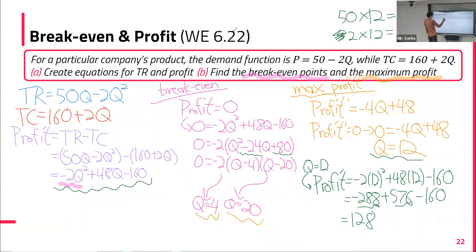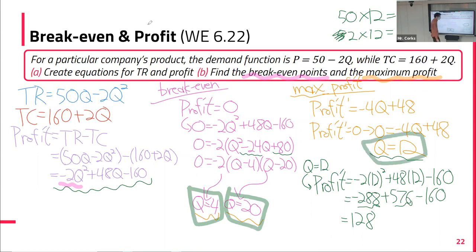Again, we can notice this is a nice, simple, symmetric function. So we had our break-even points, our zeros of 4 and 20. And then our maximum profit was at 12, exactly halfway between these two things. Won't always happen, but can often happen.